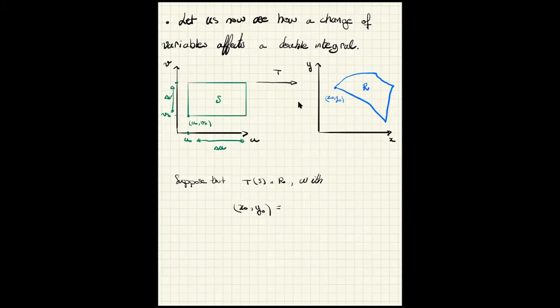This is very abstract. Okay, (x0, y0) is T of (u0, v0), and x is some function g of u, v, and y is some function h of u, v.